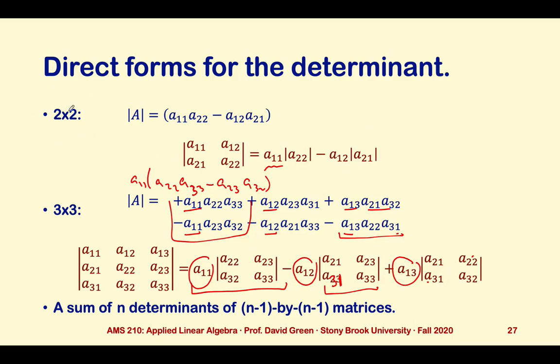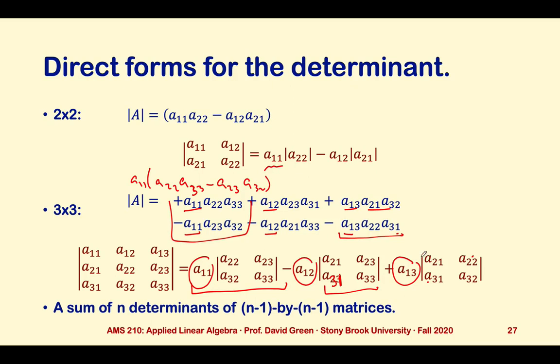The 2 by 2 can be written as a sum of 2 1 by 1 determinants. Perhaps this is generalizable. Before we generalize to the n by n case, let's think a little bit about what these determinants are.